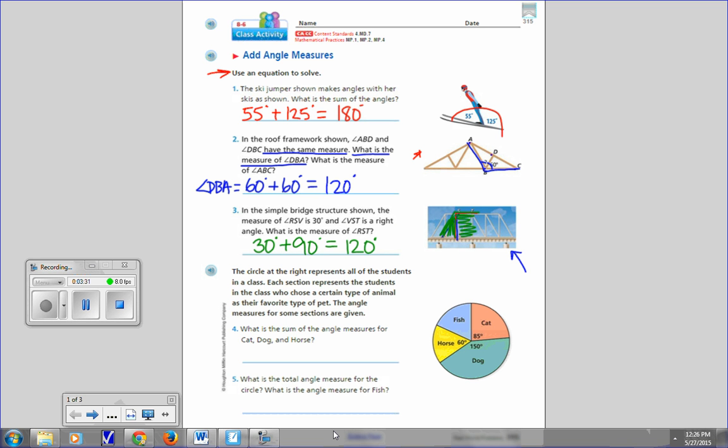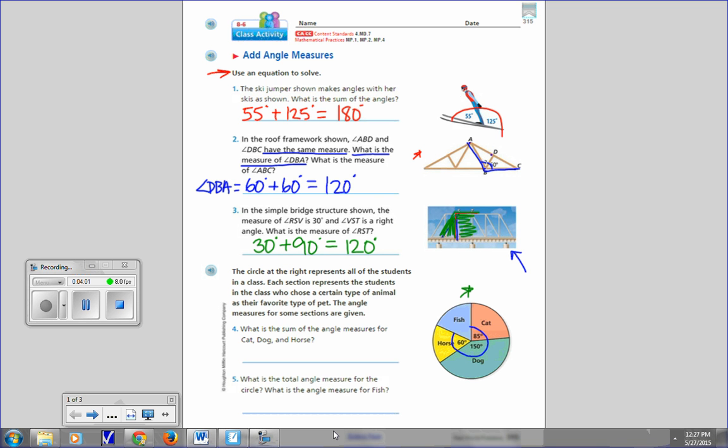The circle at the right represents all of the students in a class. Each section represents the students in the class who choose a certain type of animal as their favorite type of pet. The angle measures for some sections are given. What is the sum of the angle measures for cat, dog, and horse?